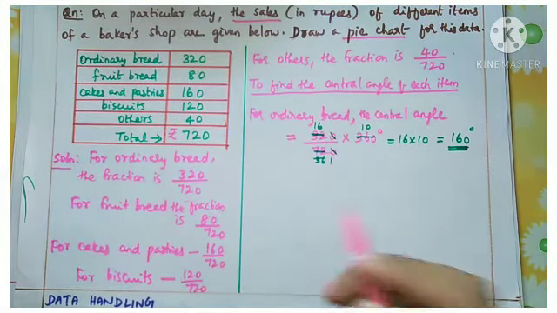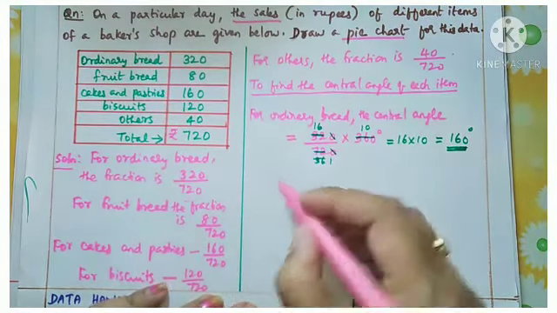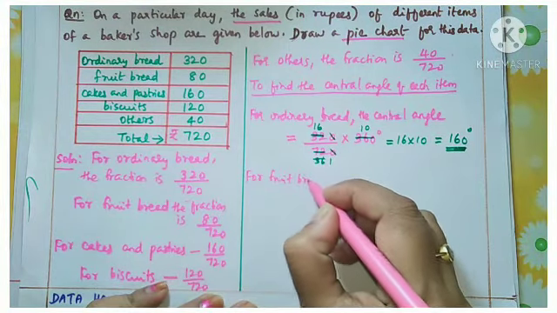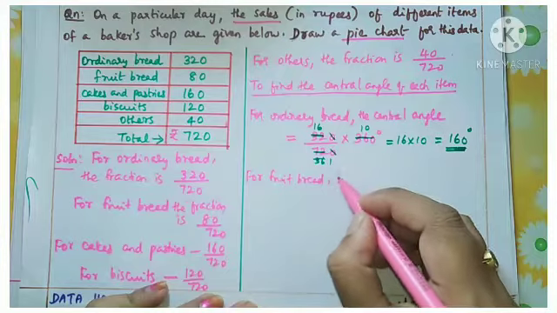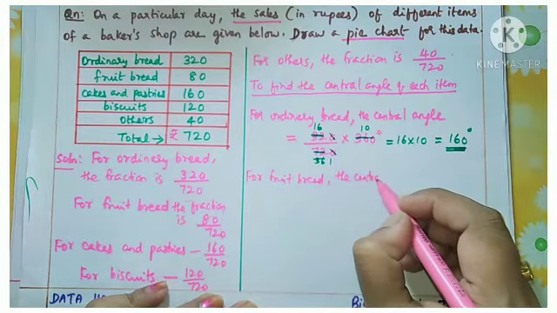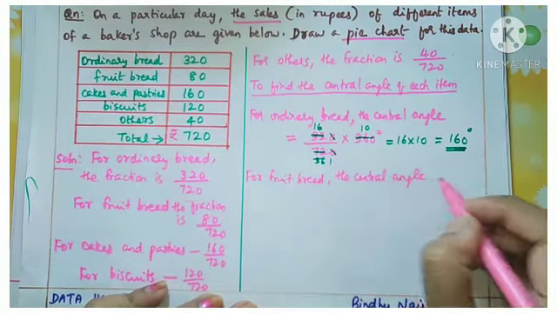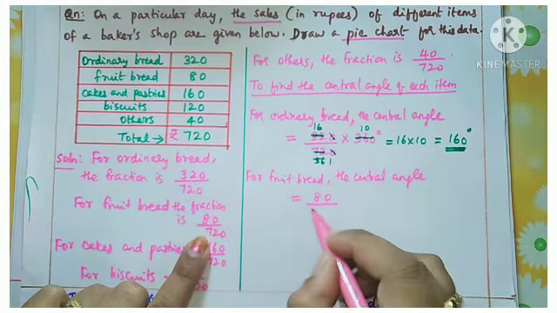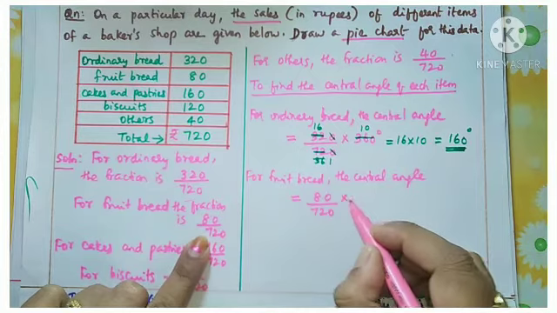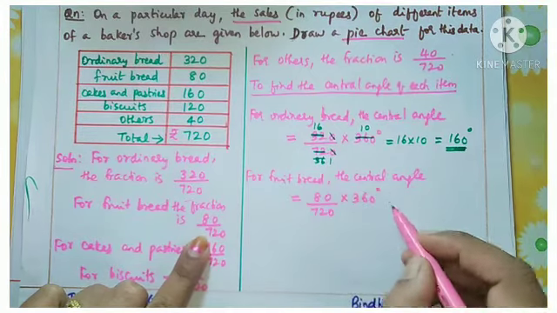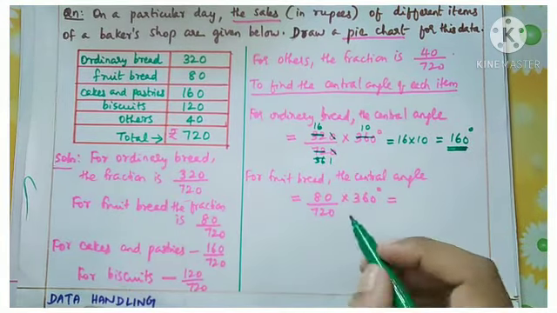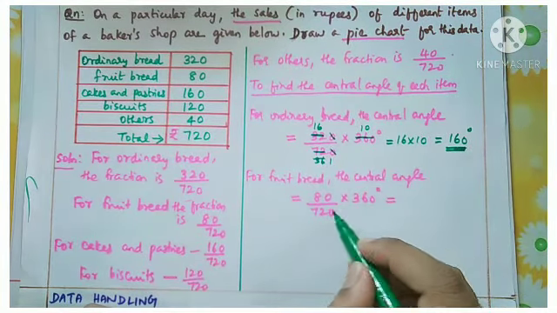Now we come to the second item for fruit bread. So for fruit bread, what is the angle? Okay, the central angle is equal to fruit bread. What is the fraction? 80 by 720. Again you multiply that by the total angle of the circle, 360 degrees. Here also you can reduce this 0 0.